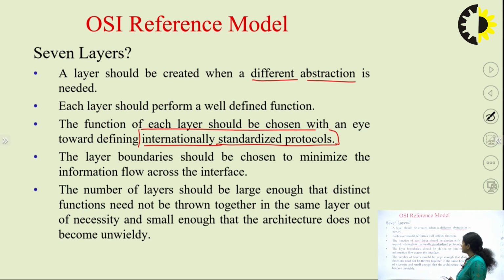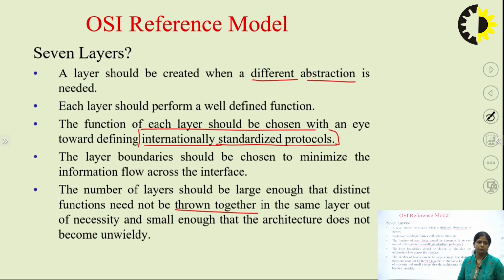The layer boundaries should be chosen to minimize the information flow across the interface. The number of layers should be large enough that distinct functions need not be thrown together in the same layer out of necessity, and small enough that the architecture does not become unwieldy.